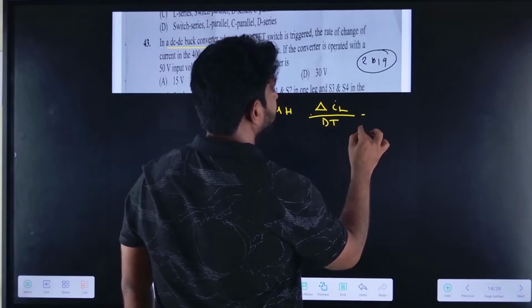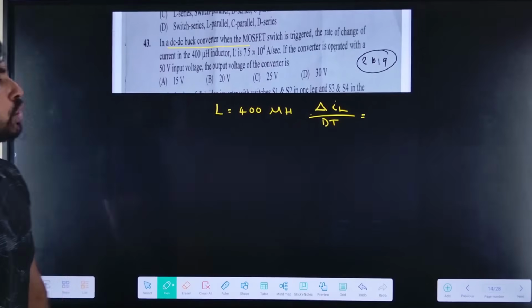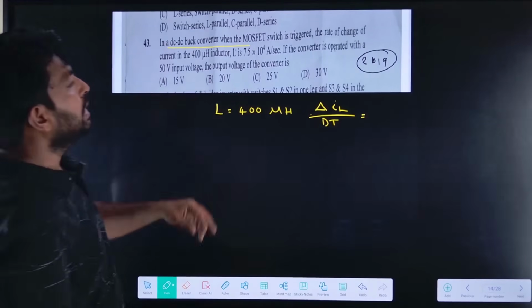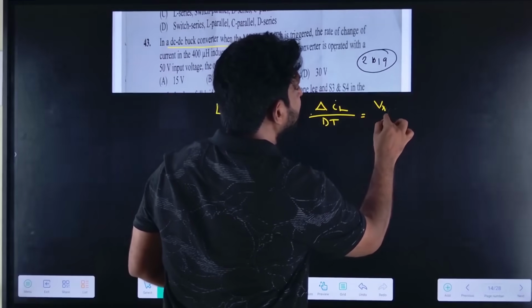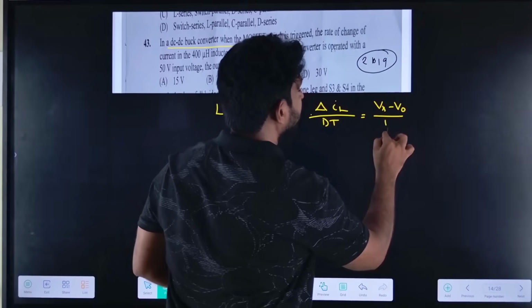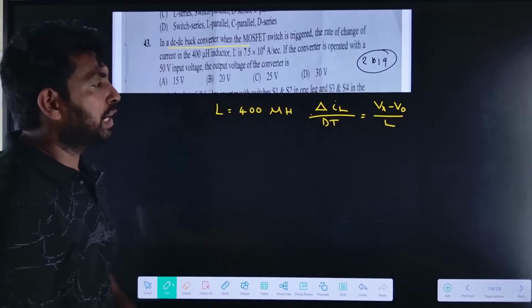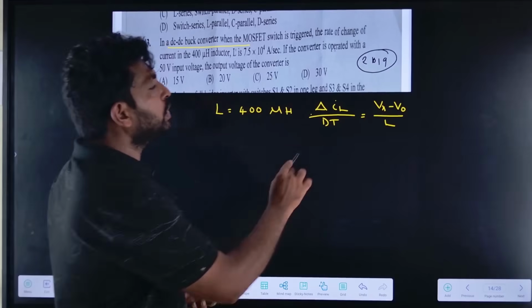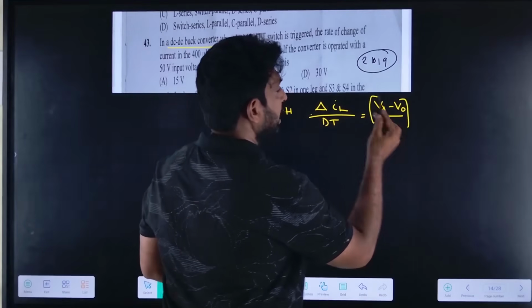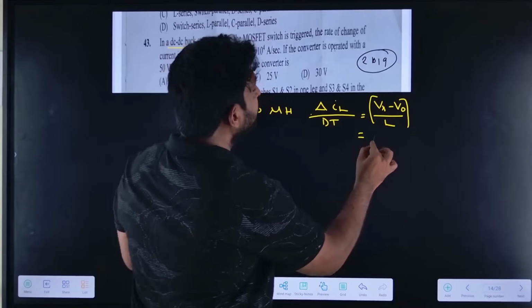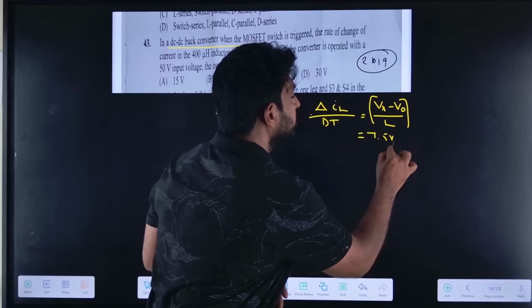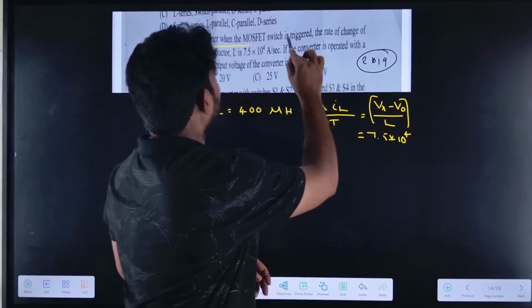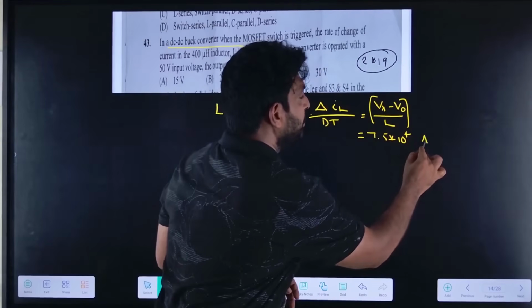In case of the buck converter, it is equal to Vs minus V naught by L. How much have they given? It was given as 7.5 into 10 power 4 ampere per second.